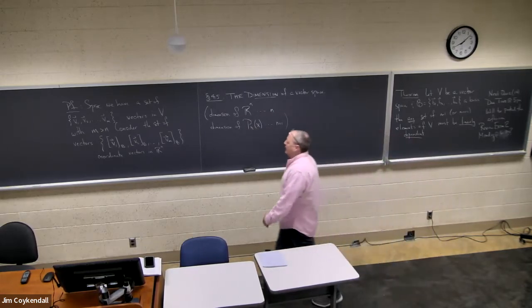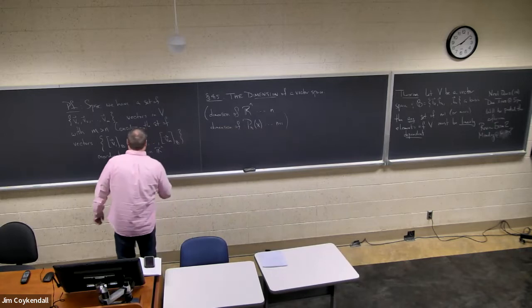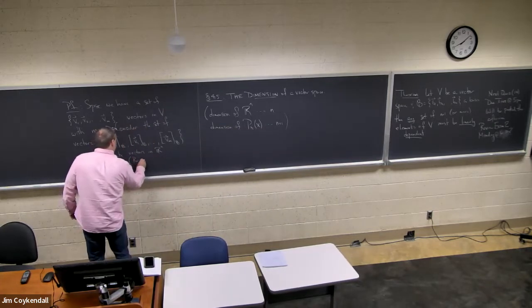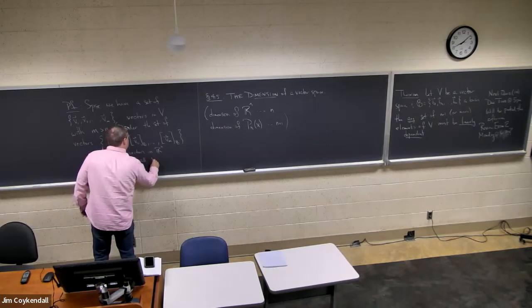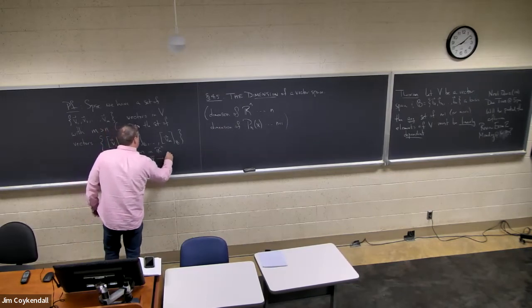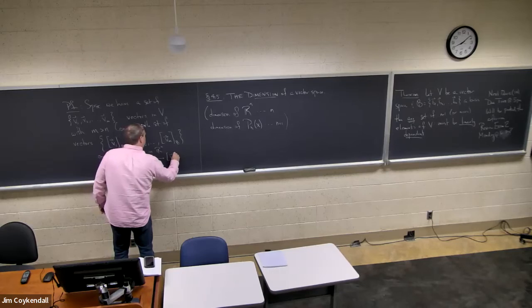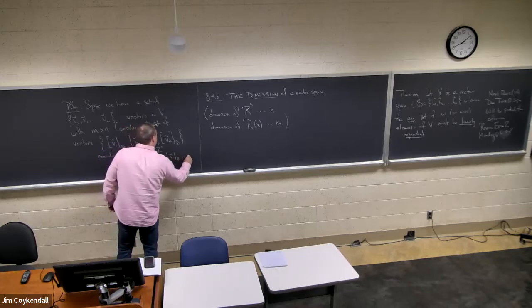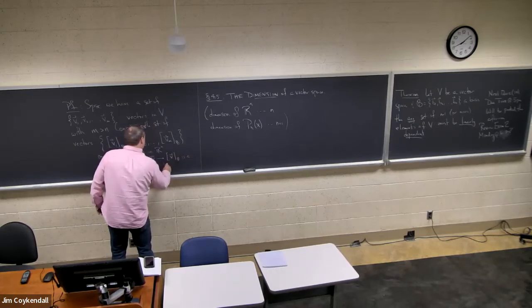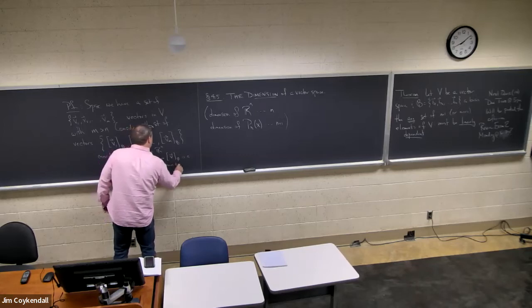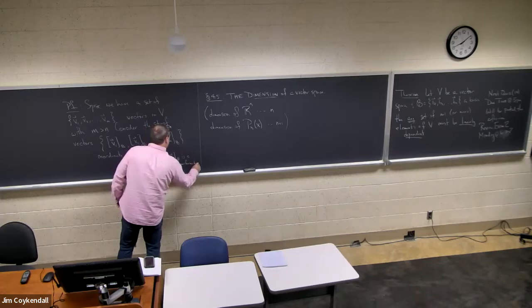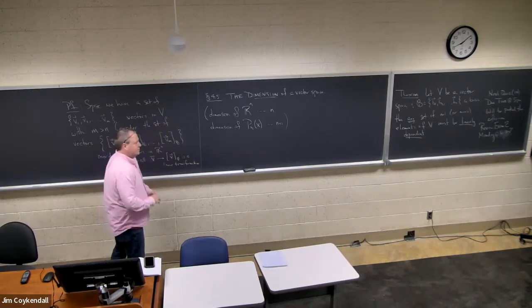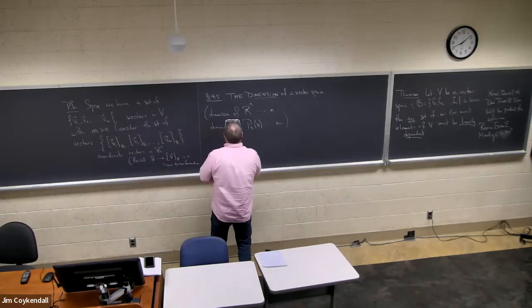This is a linear transformation. So let me recall, V goes to Rn is a linear transformation. That's from last time.